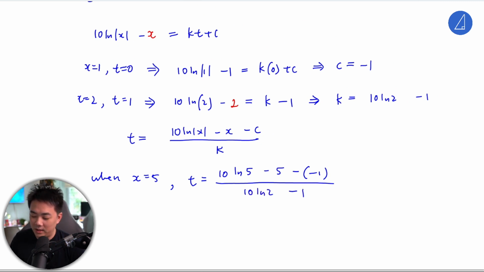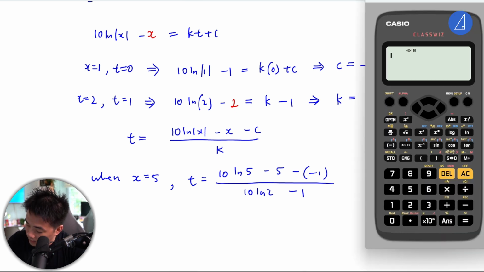I'm going to key all these into the calculator and hope for the best. So here we get (10 ln 5 minus 5 plus 1), which is 4, over (10 ln 2 minus 1), and that will be 2.0390.